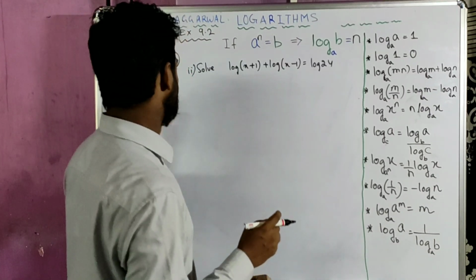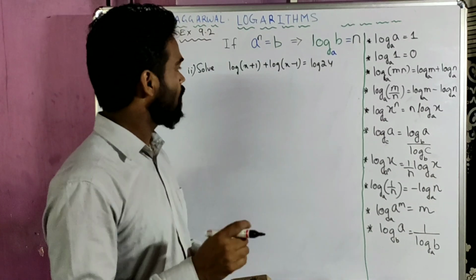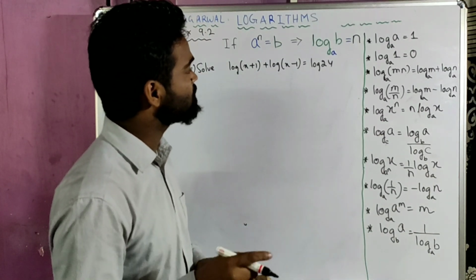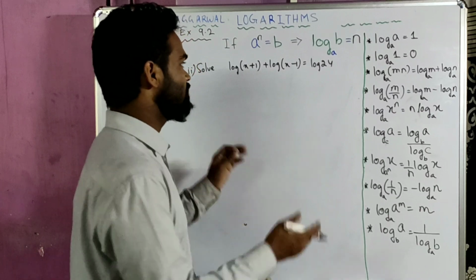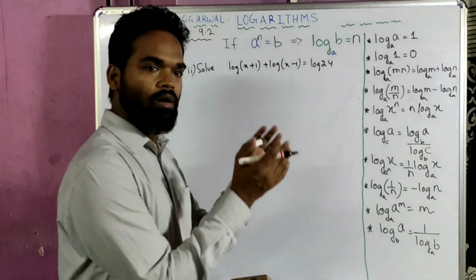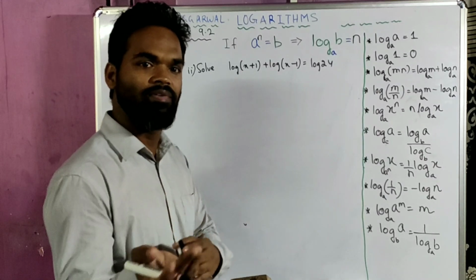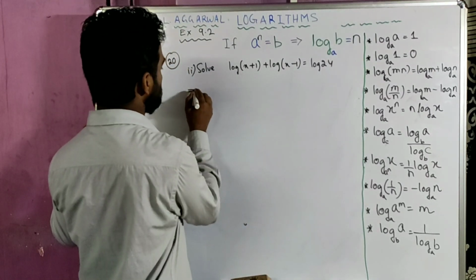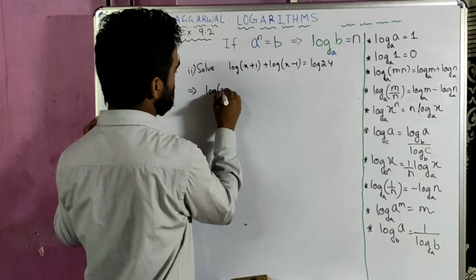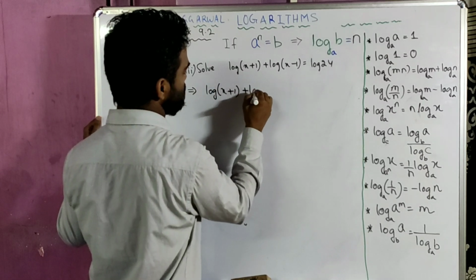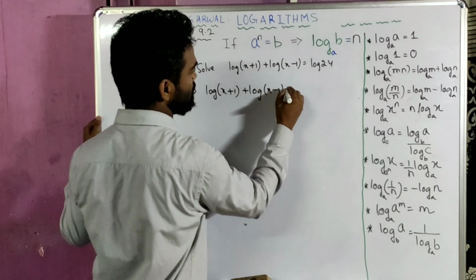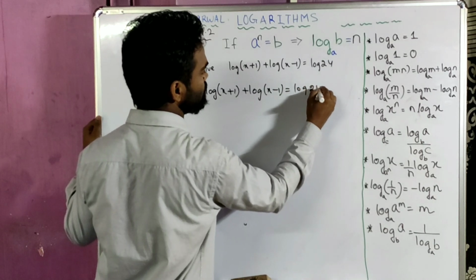Now look at sum number 20, part 2. Solve log (x plus 1) plus log (x minus 1) equals log 24. Whenever we have an equation like this, on the left hand side and the right hand side, try to get a single log and then we'll equate. So log (x plus 1) plus log (x minus 1) equals log 24.